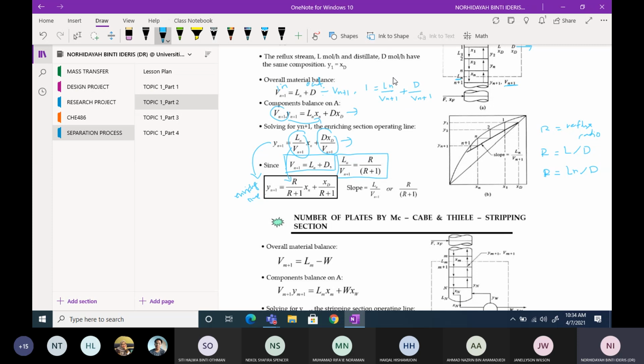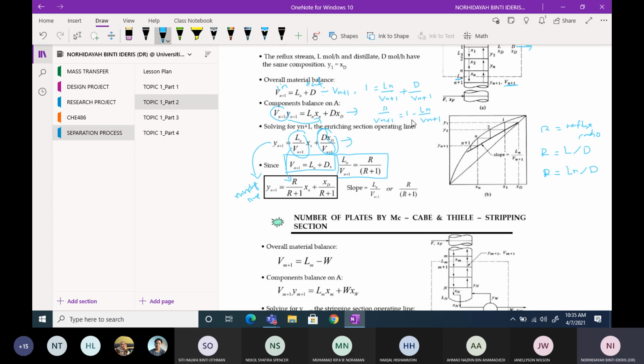All right, so you know that D over Vn plus 1 is equal to 1 minus Ln over Vn plus 1. So what you're going to do is replace this D over Vn plus 1 with 1 minus Ln over Vn plus 1.